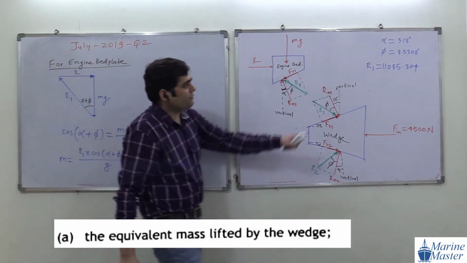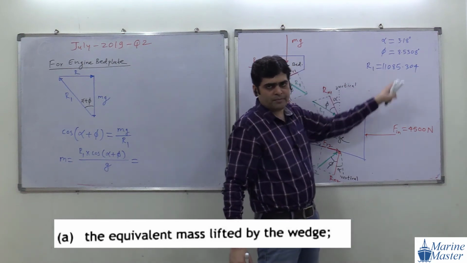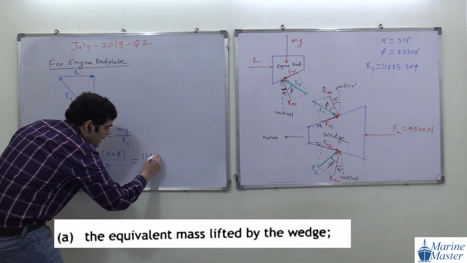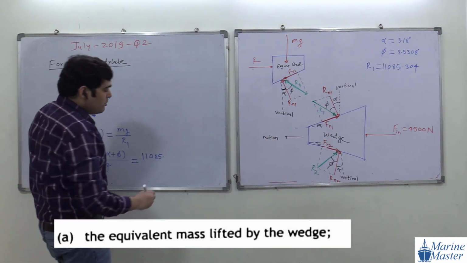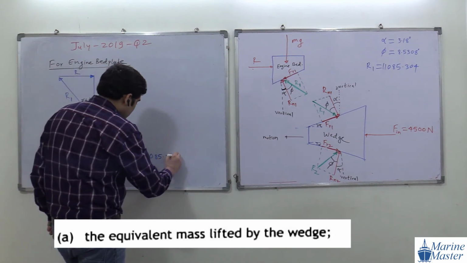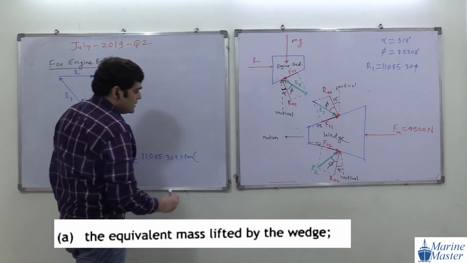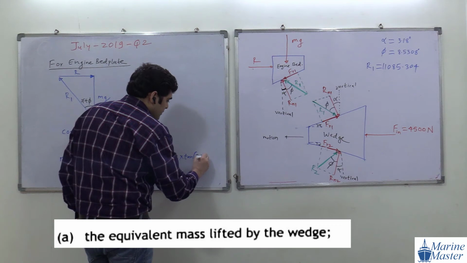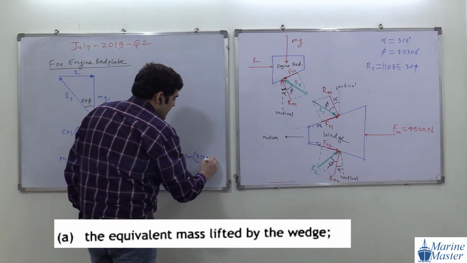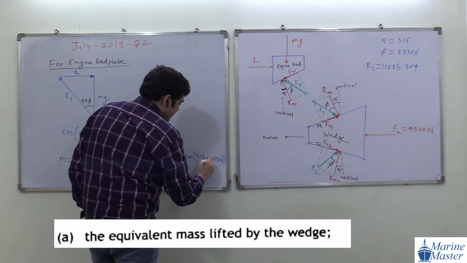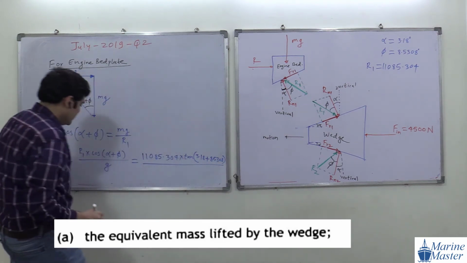So what is the value of R1? We calculated 11085.305. I have written it here for my reference. And tan of alpha is 3.18 plus 8.5308, divided by g.